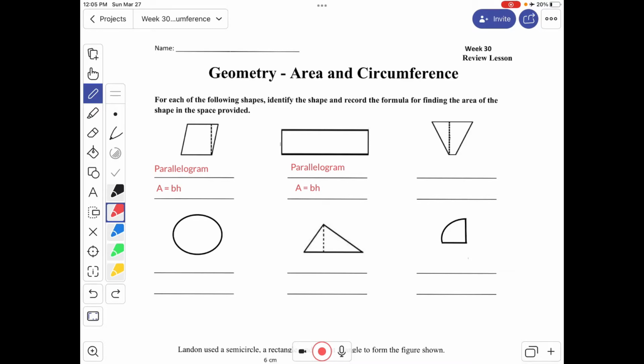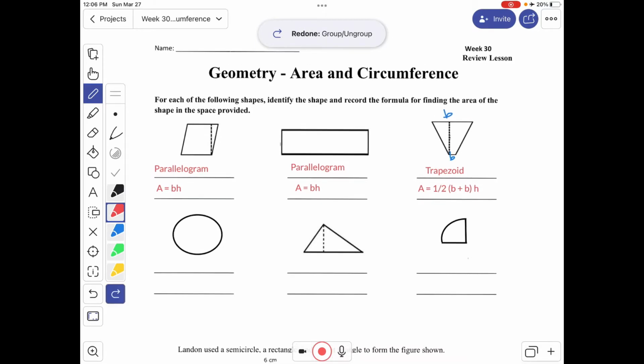The next shape is a trapezoid, and a trapezoid is area equals 1/2 base 1 plus base 2 times the height. And the bases are the sides that are parallel to each other. It doesn't matter which one you use as the base 1 and the base 2, but you need to add both bases together. Both parallel sides you add together.